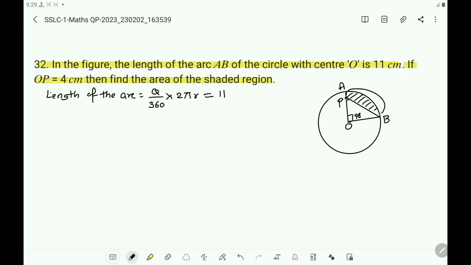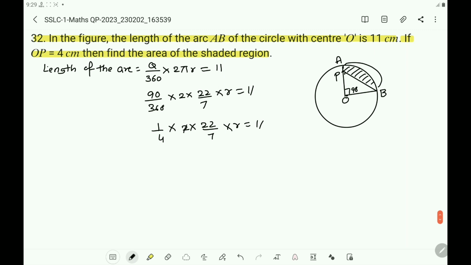So theta is 90 degree: 90 by 360 into 2 into 22 by 7 into r equals 11. That is 1 by 4 into 2 into 22 by 7 into r equals 11.